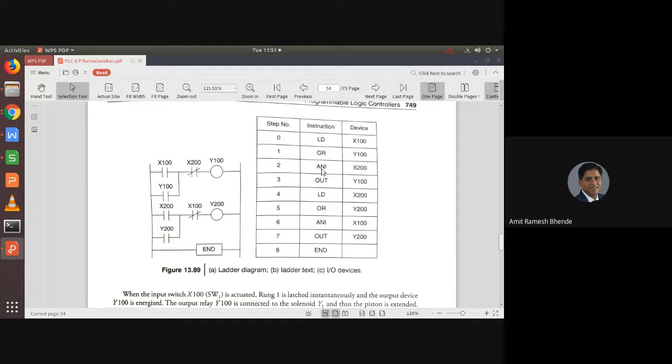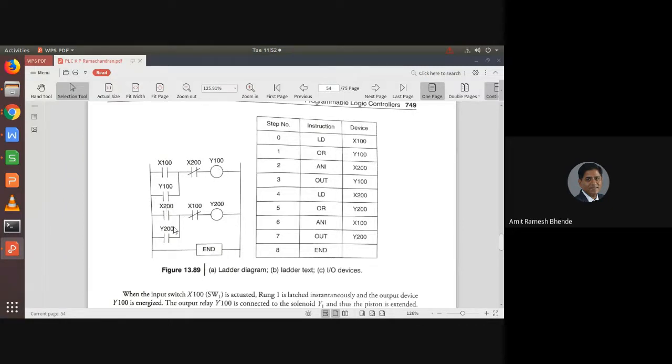तो यहाँ पे ANI, this ANI indicates that X200 is normally closed, and this Y100 is relay to the output devices Y100. So 1, 2, 3, 4. In the first rung, you can see that there are 3 switches and 1 output device.